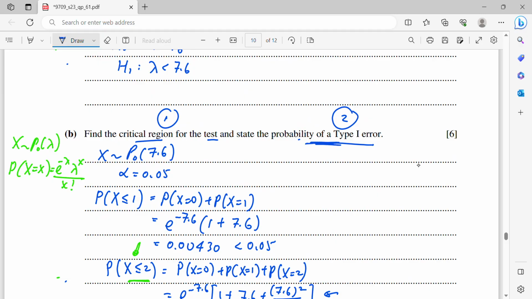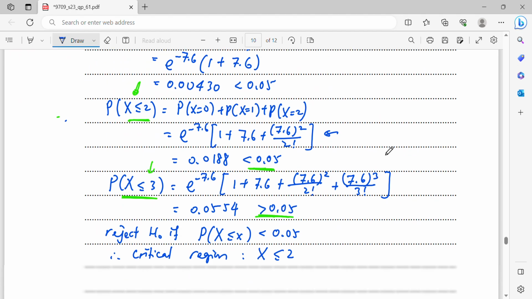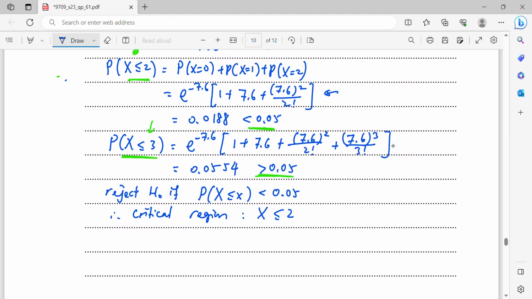Don't forget, you still have the second part, the probability of a type 1 error. The probability of a type 1 error is the probability of rejecting H0 when the H0 is true. From here we know that rejecting H0 means being in the critical region.